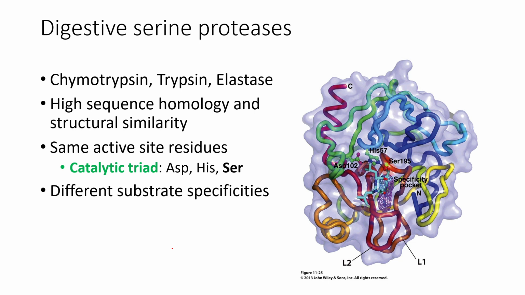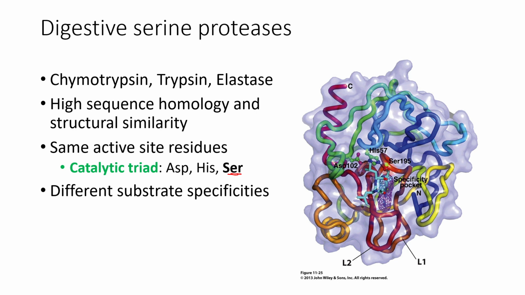In particular, they have the same residues working in their active site. These residues are also called the catalytic triad because there are 3 of them helping to carry out this catalysis. There's an aspartate, a histidine, and a serine. And of course, the name comes from the serine in the active site. So that's what makes them the same: this catalytic triad.